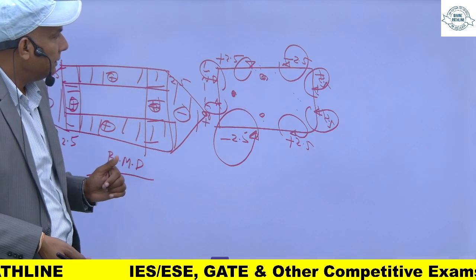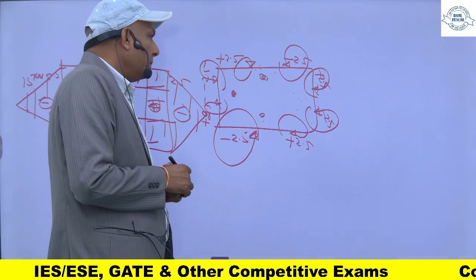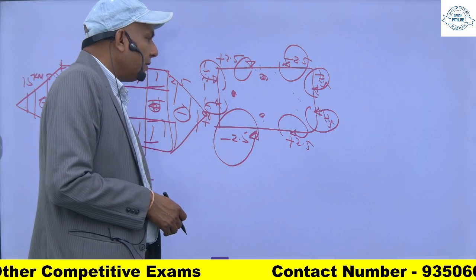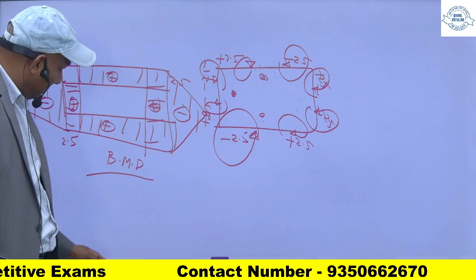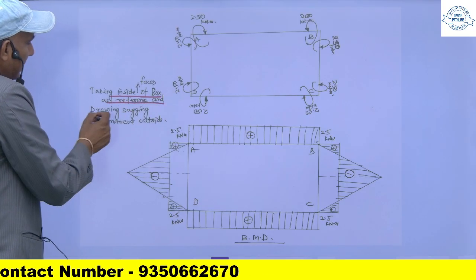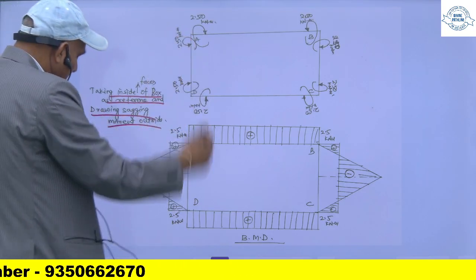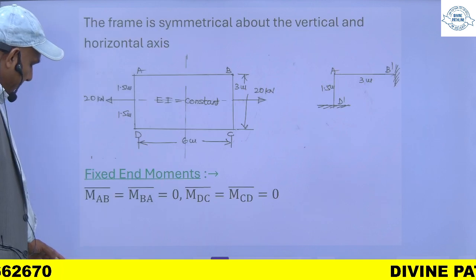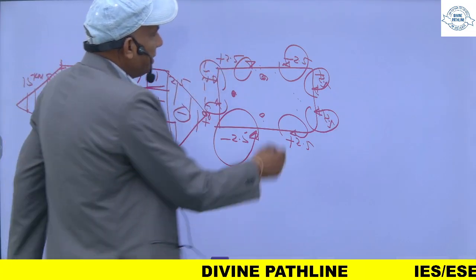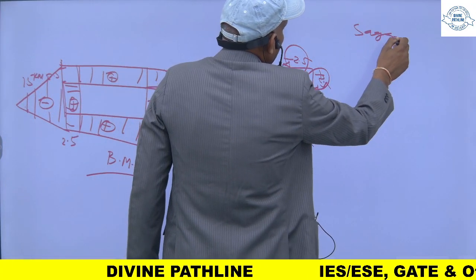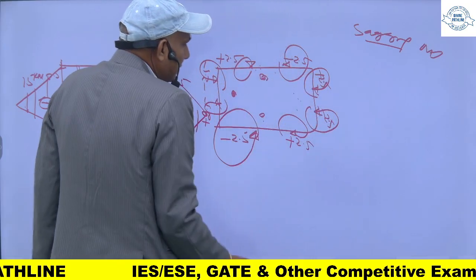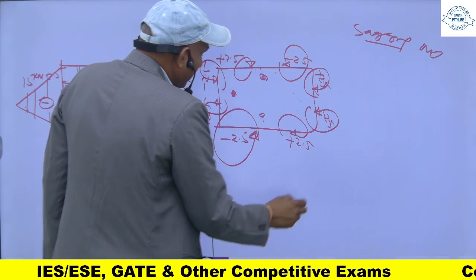Let's make the sagging moment outside, opposite to the direction of the arrow, taking the inside faces of the box as reference and drawing sagging moment outside, so that my diagram looks better. Sagging outside means it will be like this.